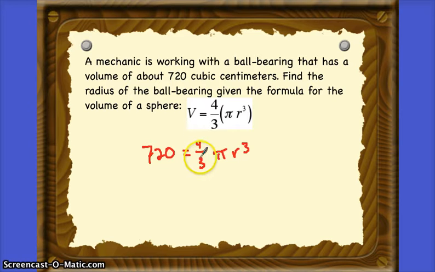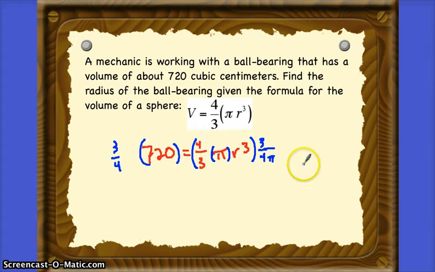So the first thing I would probably do is go ahead and multiply by 3/4, same thing as dividing away your 4/3. And as long as you're at it, since pi is on the top of the fraction essentially, you would want to divide away the pi. You could actually put that pi on the bottom of the fraction as well.